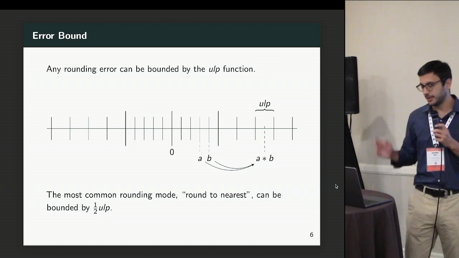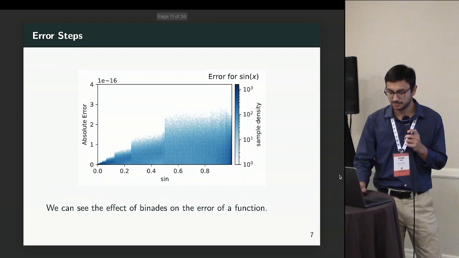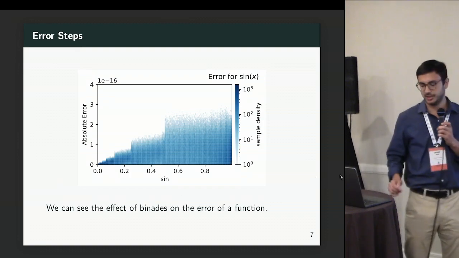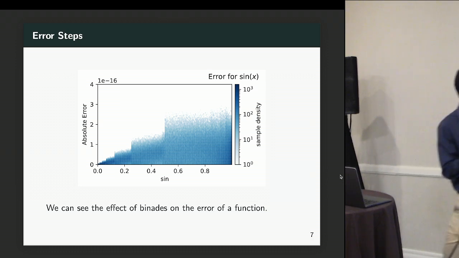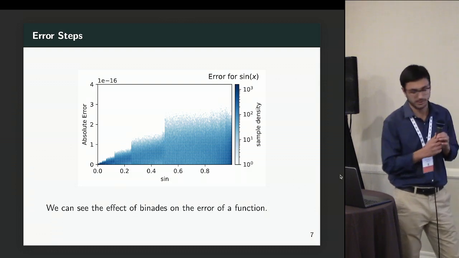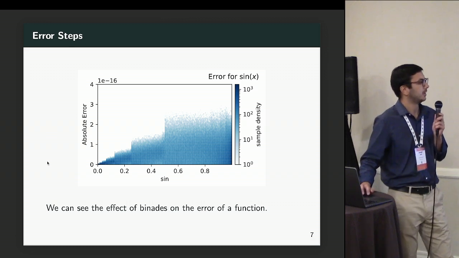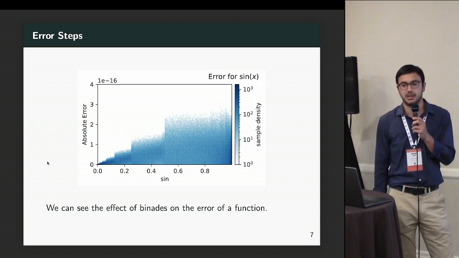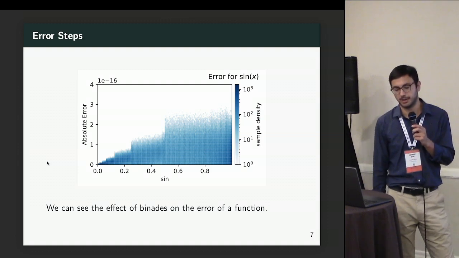So I've gone over all this background. Does this actually matter in real life? We ran an experiment on a sign approximation to see how the error actually behaves. On the x-axis, we have the output of the sign approximation and on the y-axis, we have the absolute error, which is calculated as the difference between the approximation using a double precision format and a 200-bit precision format.